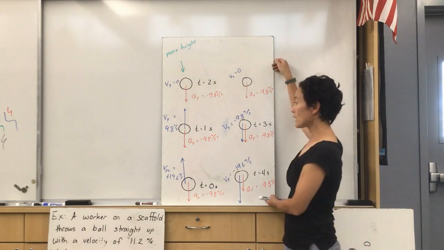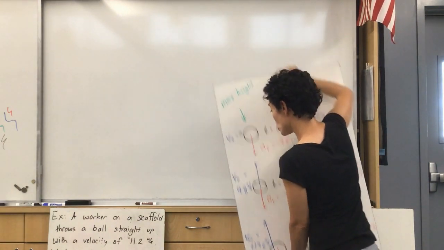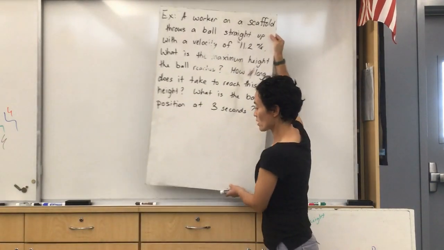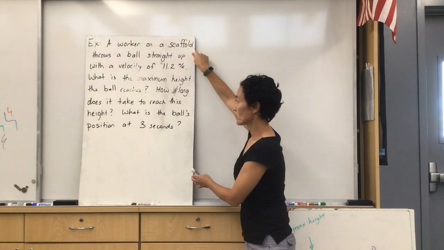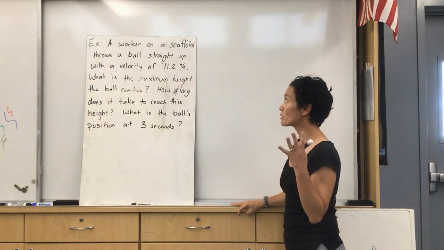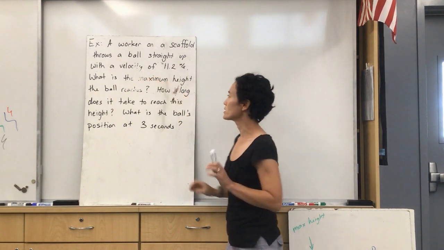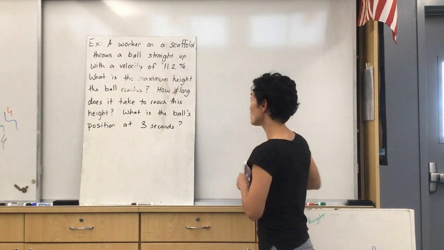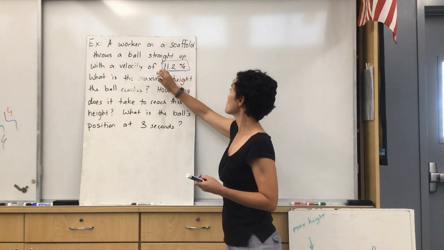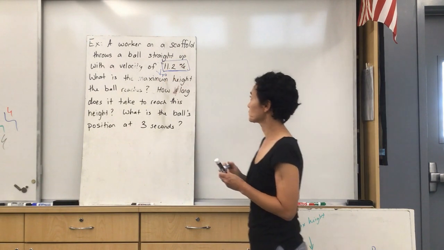So let's go ahead and try an example. This should be in your workbook. I think it's on the next page though, so you don't have to write this down or copy down this example. It says, a worker on a scaffold throws a ball straight up with a velocity, oh sorry, I kind of got erased there, a velocity of 11.2 meters per second. So right there, that is my Vy naught.